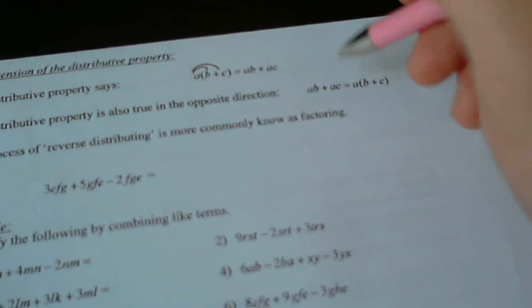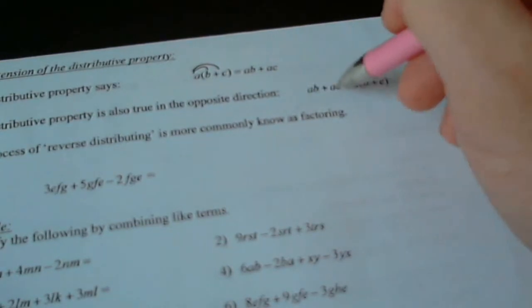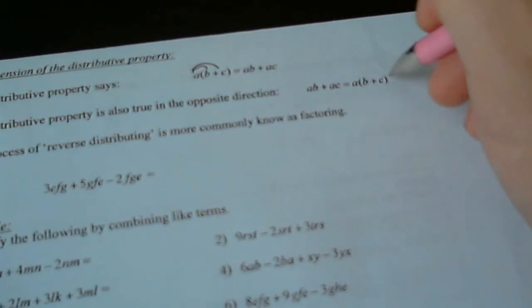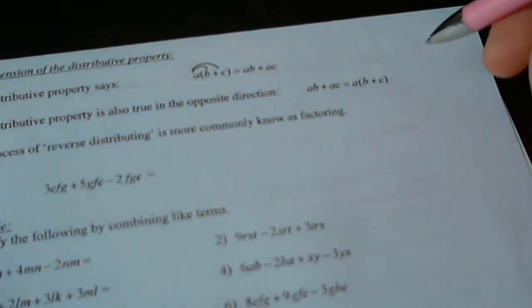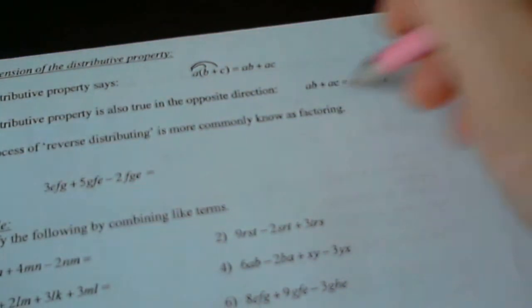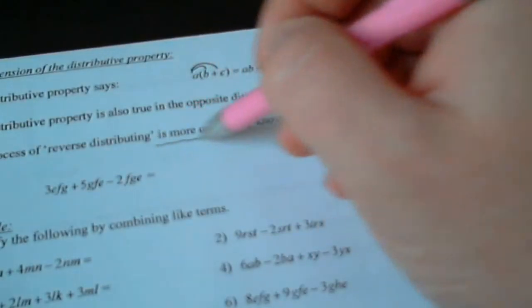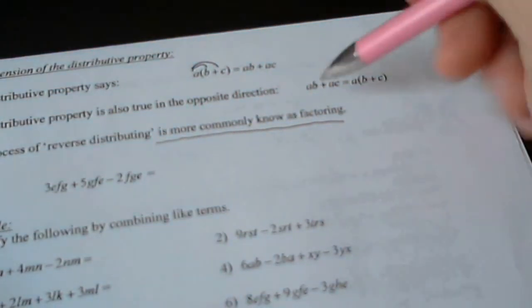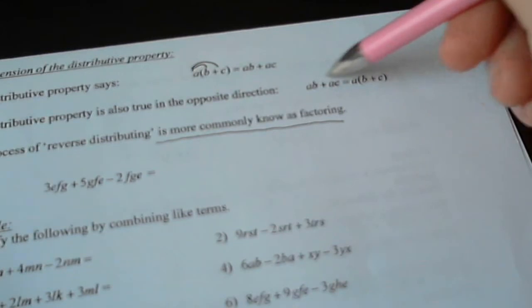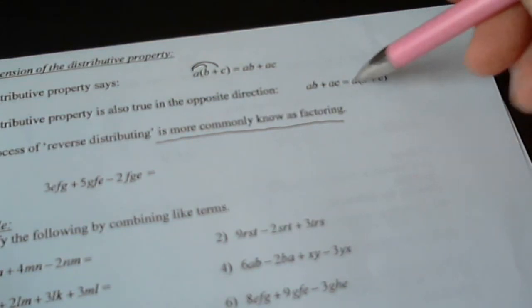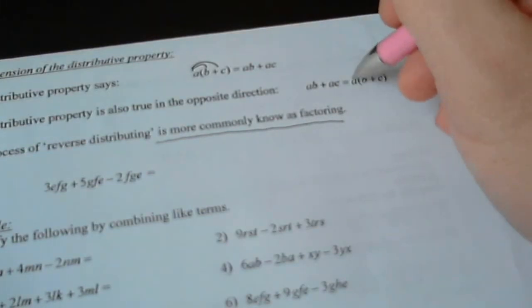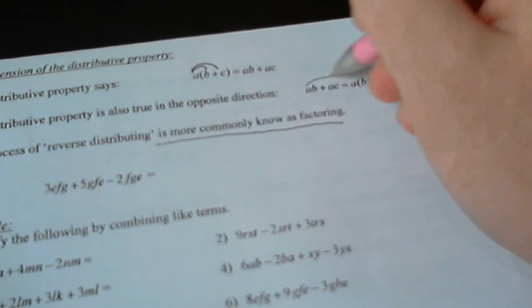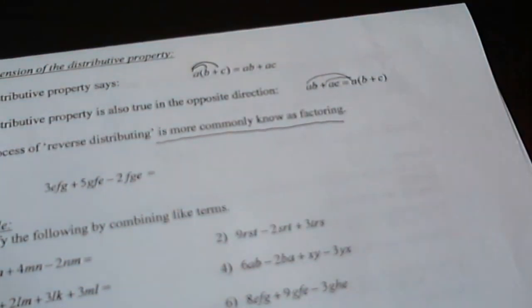AB plus AC, notice how both of these terms have an A, so I can sort of take out the A and then just be left with what I was adding together, the B and the C. This is sort of like reverse distribution, or what we call in math class, factoring. Because the A was in both of these terms, I could take it out and put it in the front and multiply by B plus C. So whereas this is a double bump forward, this is more of a double bump backwards.